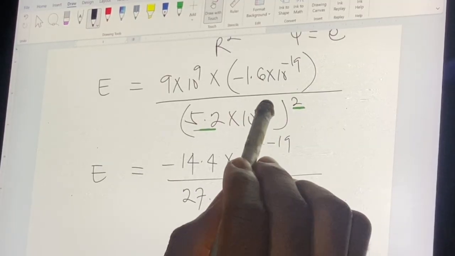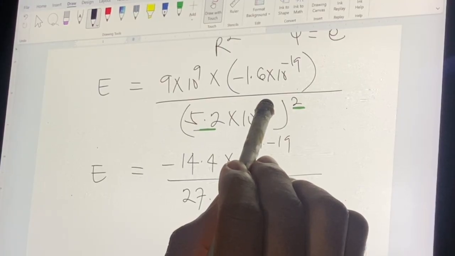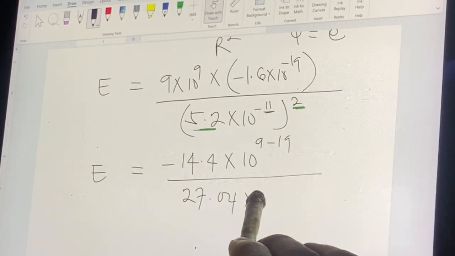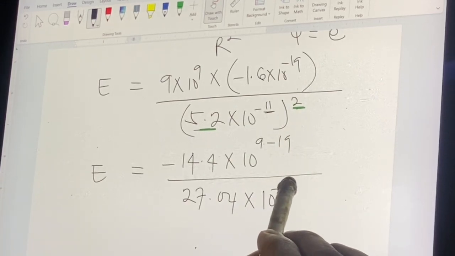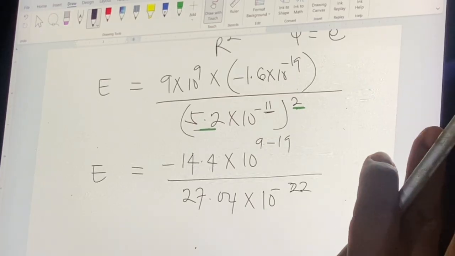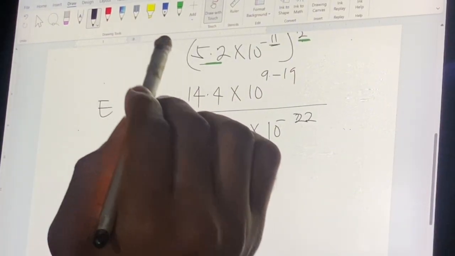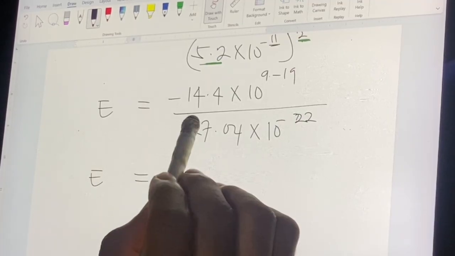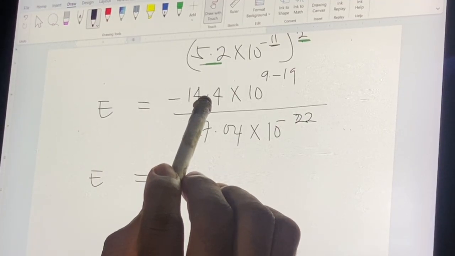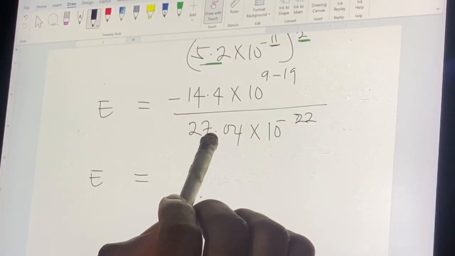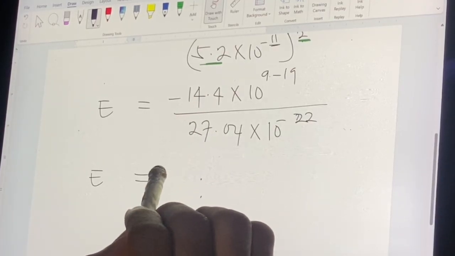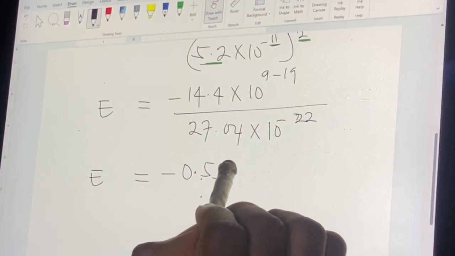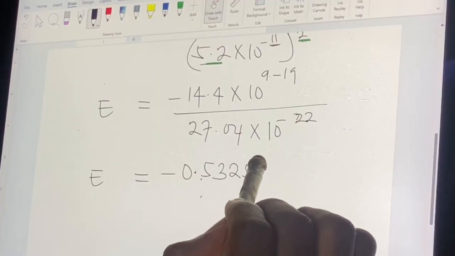When you do that, I will have this to be 27.04 times, from the law of indices using the power law, we multiply this power here, that is minus 11 times 2, which will give us 10 raised to the power of minus 22. Please take note. So let's divide the number at the numerator by the number at the denominator. So our E here will equal minus 14.4 divided by 27.04, which will give us minus 0.5325 times 10.